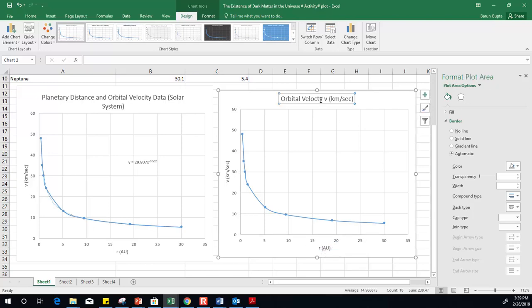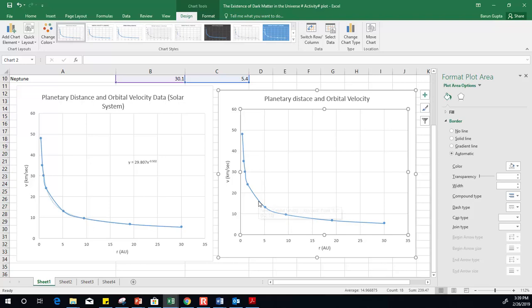Okay, and click here, and this is the planetary distance with orbital velocity.